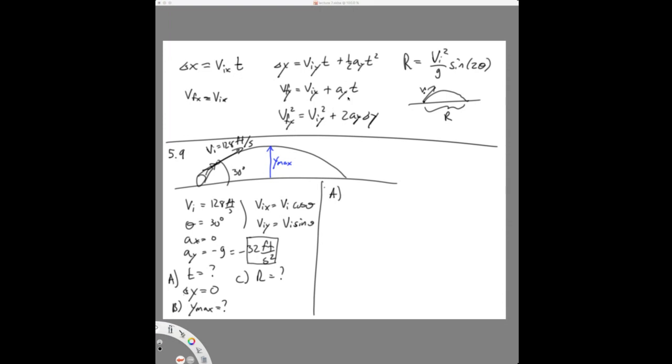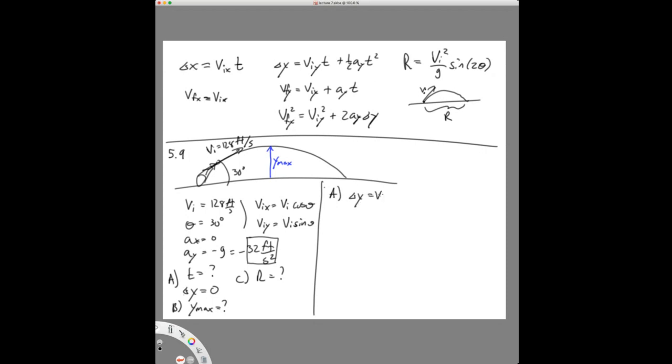Or we can look in the Y equations and we have two equations that have time. Hopefully we're getting enough experience by now to recognize that the first equation looks pretty good because I know delta Y and I know ViY in principle and I know AY. And the second equation is not so good because I don't know VFY, but it would work in a pinch. So I'm going to pick equation number 1 in the Y direction.